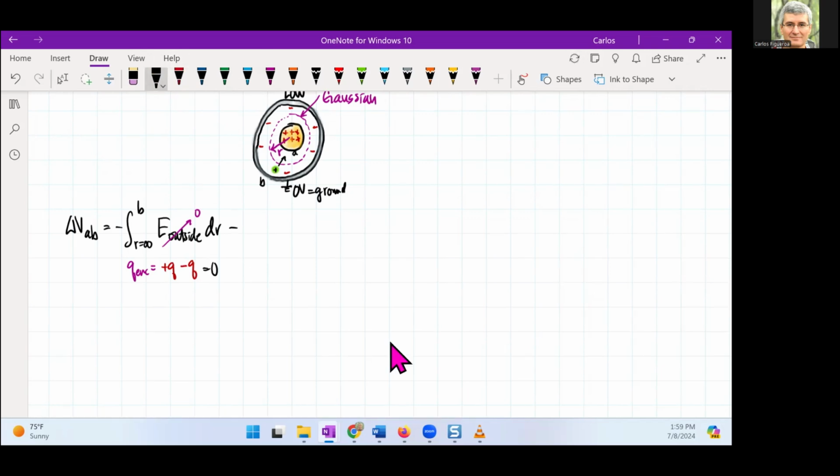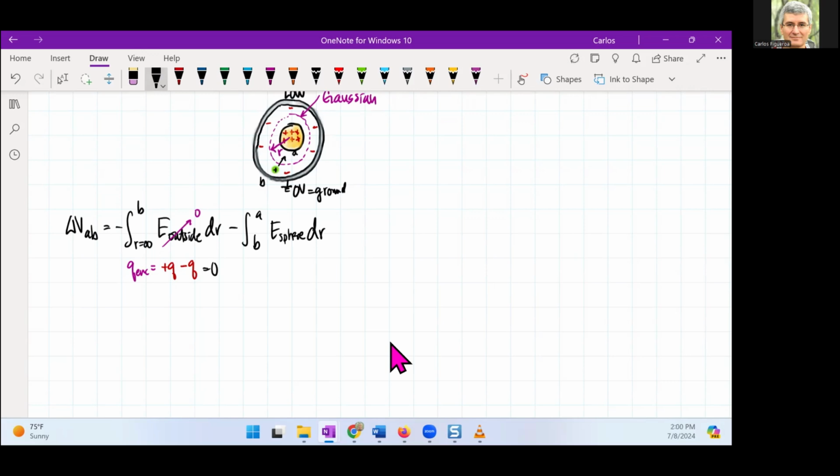Then I'm integrating from B to A, and this is the electric field of a sphere, because we enclosed all of the charge that's in that central sphere.